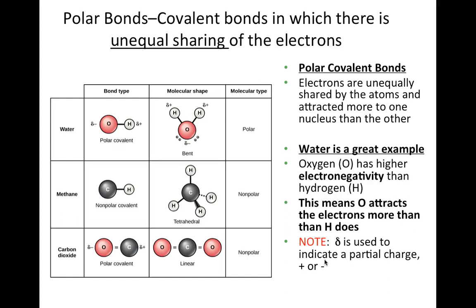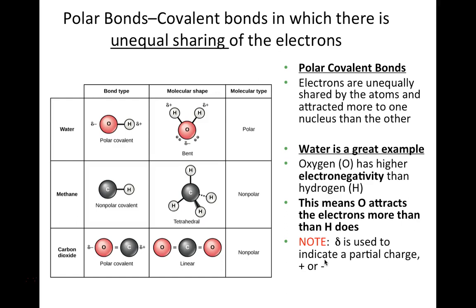And if we take a look at the electronegativity and the arrangement of the atoms around the oxygen to form one molecule of water, we find that the oxygen has a higher electronegativity than the hydrogen atoms, which means the electrons that are shared from the hydrogen atoms are actually going to spend more time surrounding the oxygen atom than they would if it was simply separate individual atoms of hydrogen.